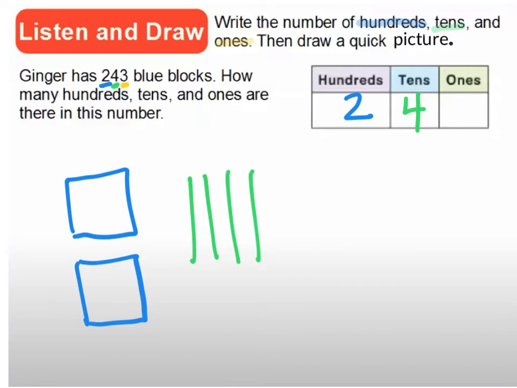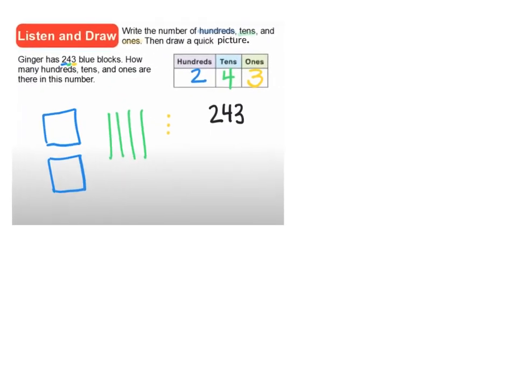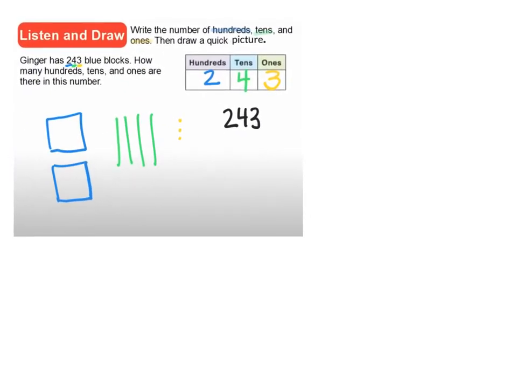And then there's 3 in the ones place. So 3 ones blocks. So what's our number? 243.